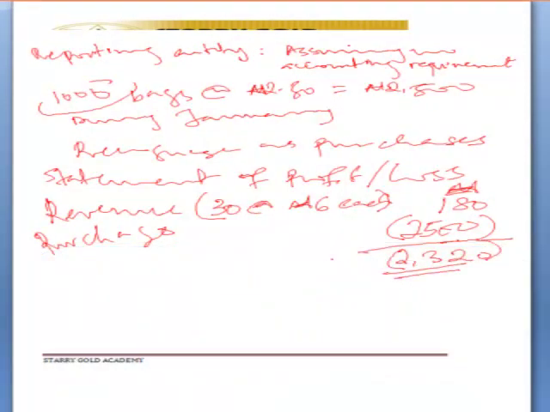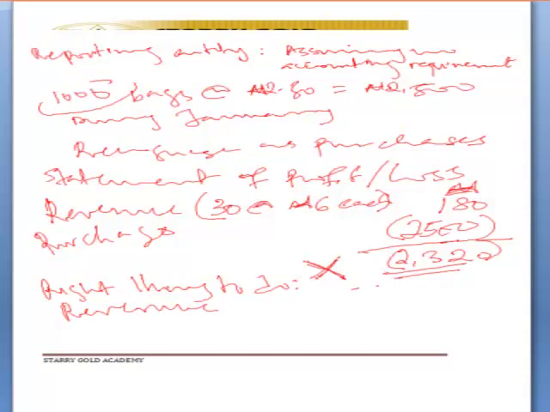But this kind of practice is wrong. Because of the need to bring uniformity into the accounting practice that reporting entities must follow, that is one of the reasons for having a standard accounting requirement. So the right thing to do would have been to have a revenue of 180 naira.